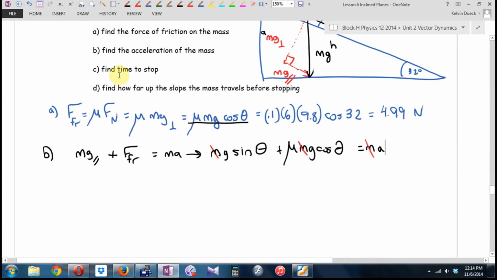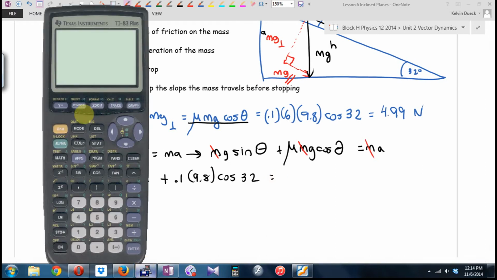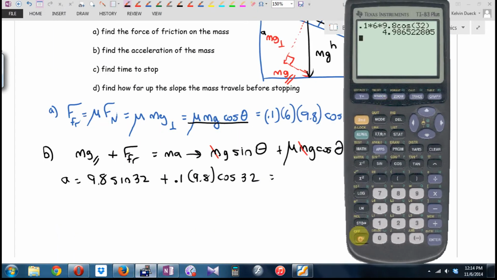Okay, I guess A is going to be g. I know that. 9.8 sine 32 plus mu, I know that, 9.8 cos 32. What's the highest my answer can possibly be? If it's bigger than 9.8, I've screwed up because then I'm in more than free fall.